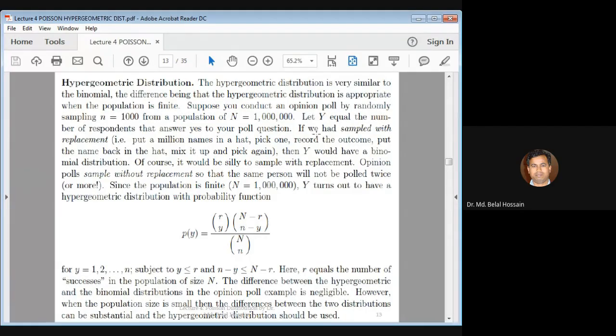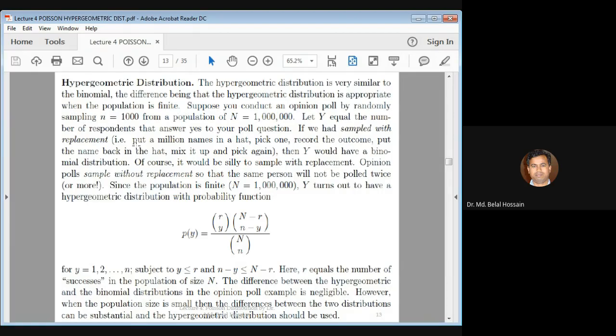If we had sampled with replacement, I already told you how that is done: with a lottery method, picking one at a time and throwing that number back into the pot, that is with replacement.